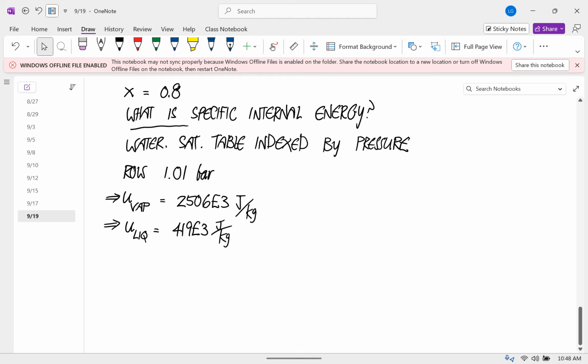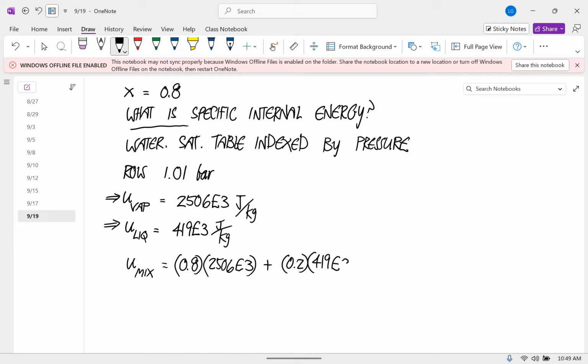Then the specific internal energy of the mix is 0.8 times 2506 times 10 to the third, plus 1 minus 0.8, which is 0.2, times 419 times 10 to the third.